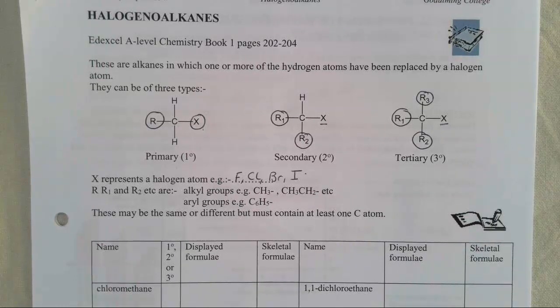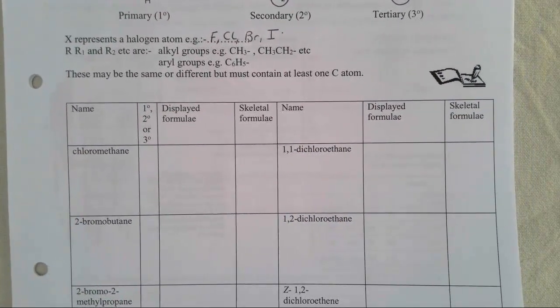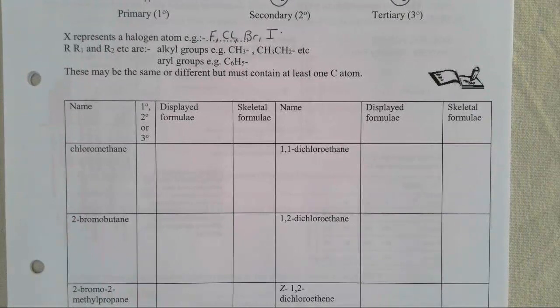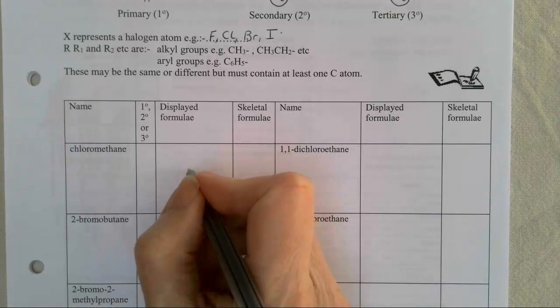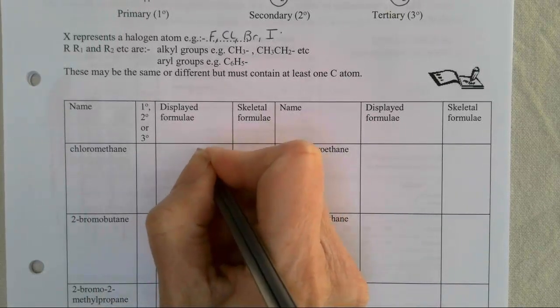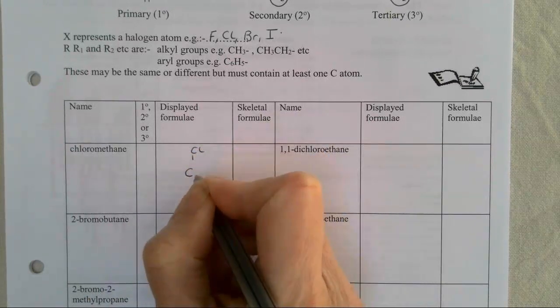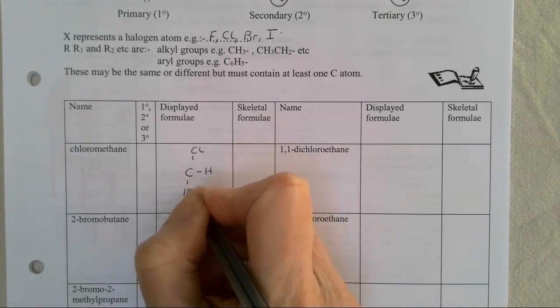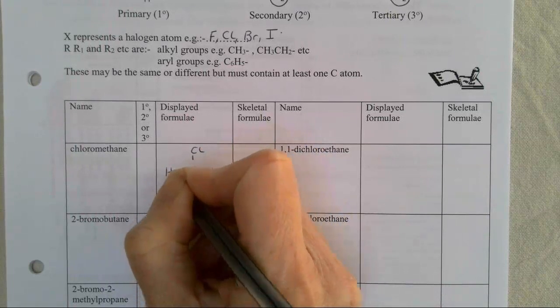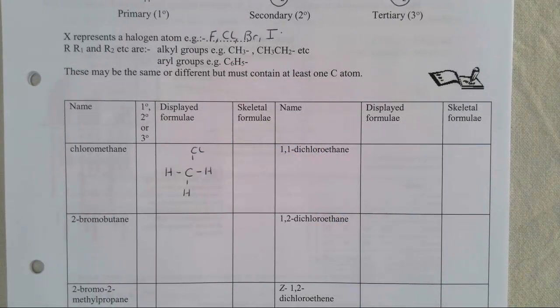So I'm going to look at the first two examples, chloromethane and 1,1-dichloroethane, and then I'm going to get you to do them. So chloromethane, very simply, meth means I've got one carbon, and I've been told I've only got one chlorine, so that's the displayed formula of chloromethane.